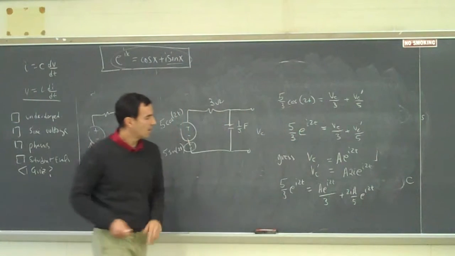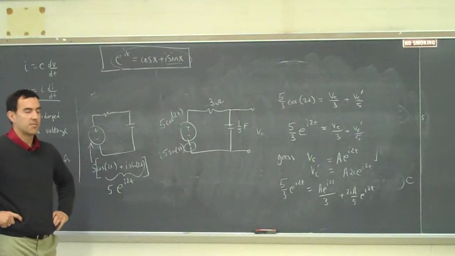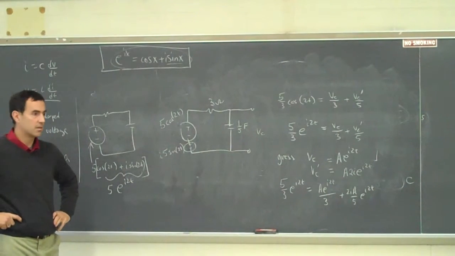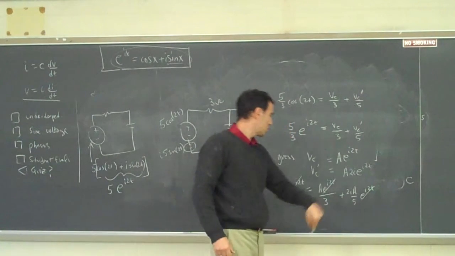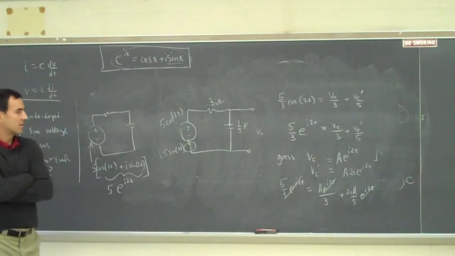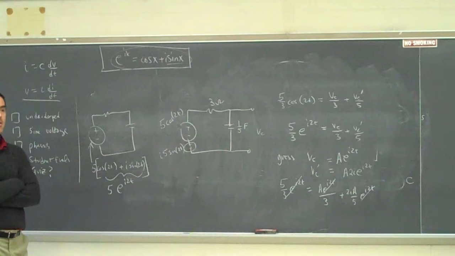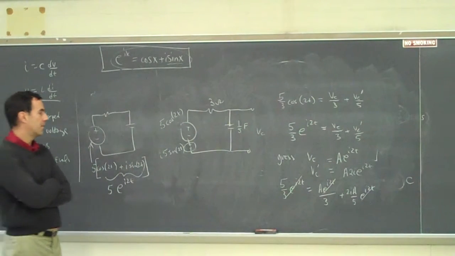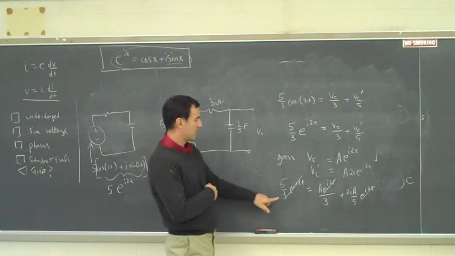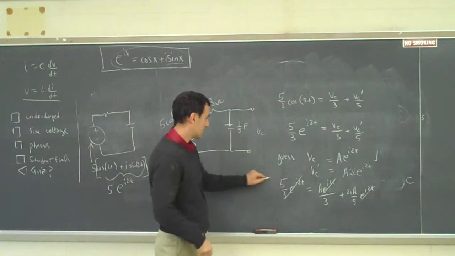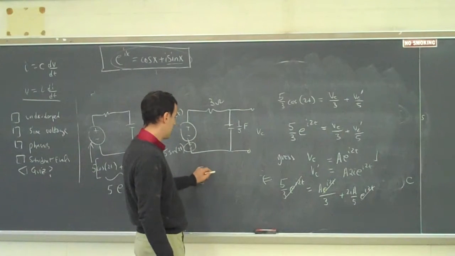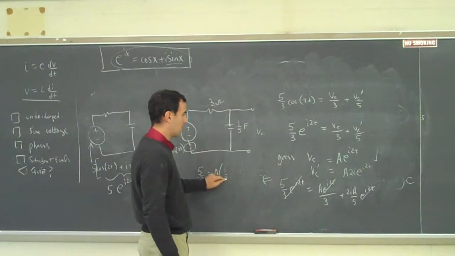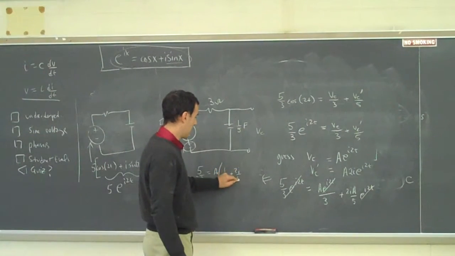What's going to cancel from everything? The e to the I 2t. So 5/3 equals a times 1/3 plus 2I over 5.